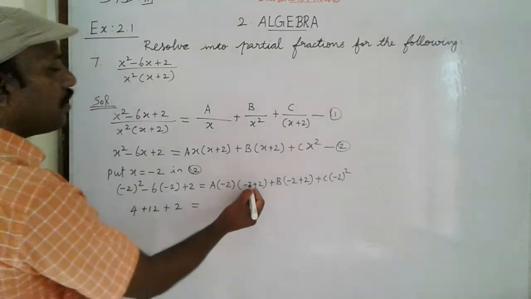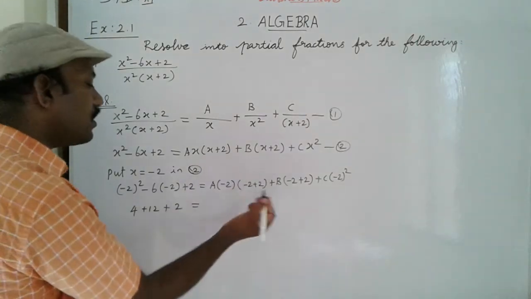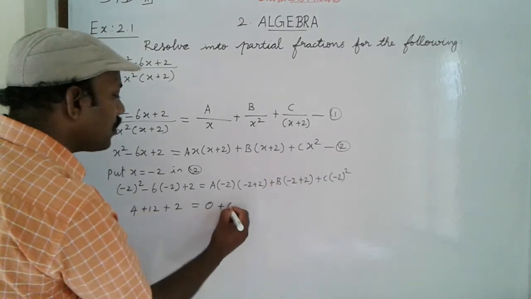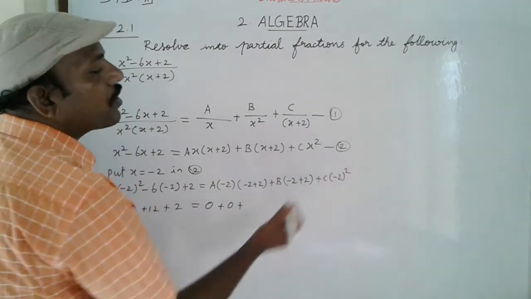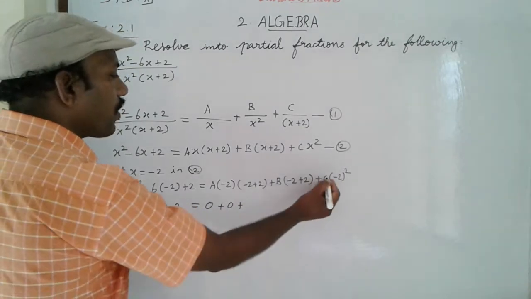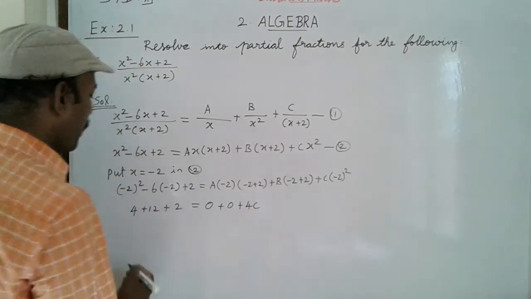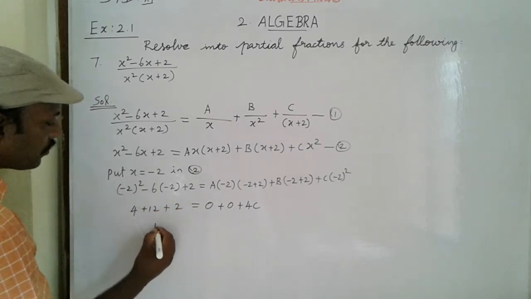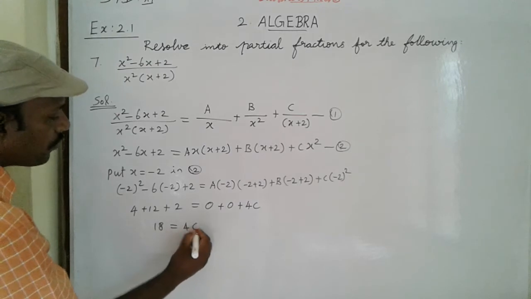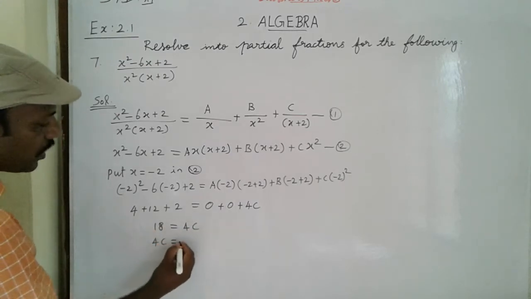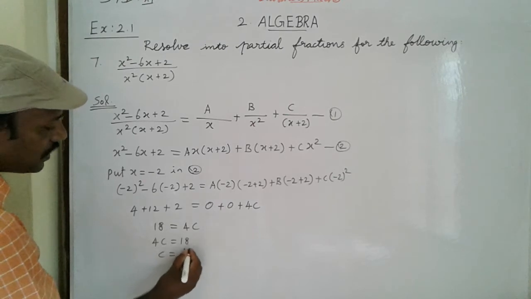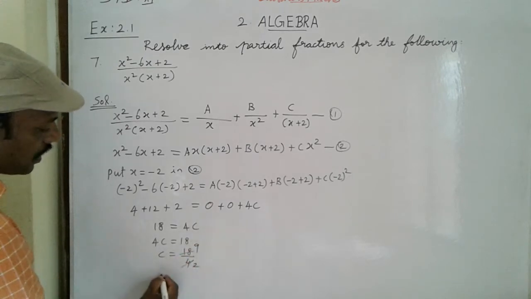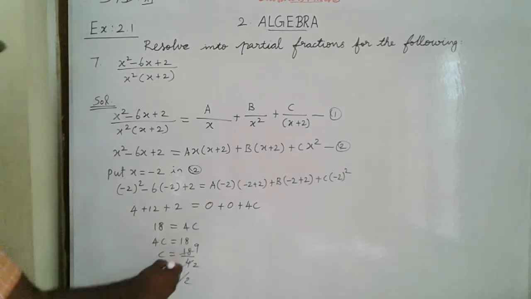Then −2 + 2 is 0, 0 into anything is 0, so those terms vanish, and (−2)² is 4, so 4 into c is 4c. So 4 plus 12 is 16, 16 plus 2 is 18. 18 equals 4c, so 4c equals 18, c equals 18 divided by 4, which is 9 divided by 2. This is the c value.